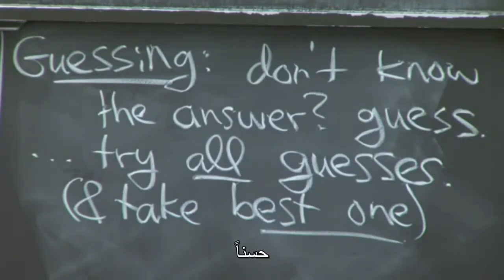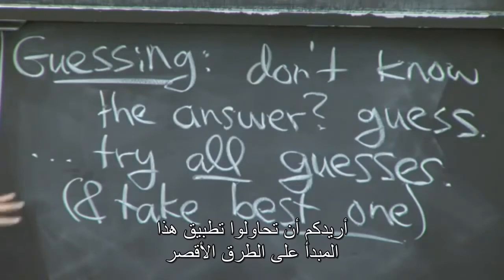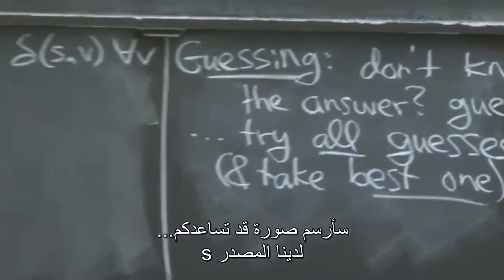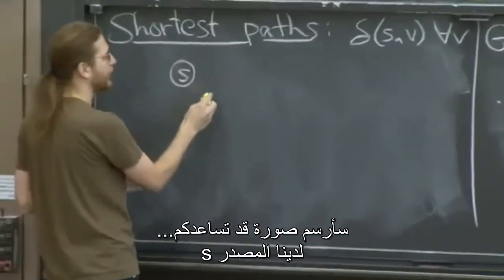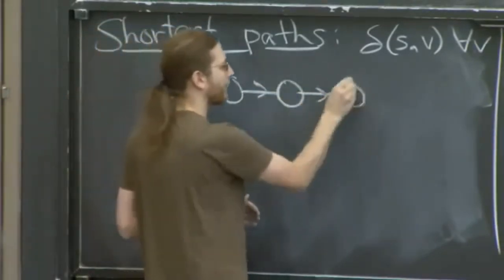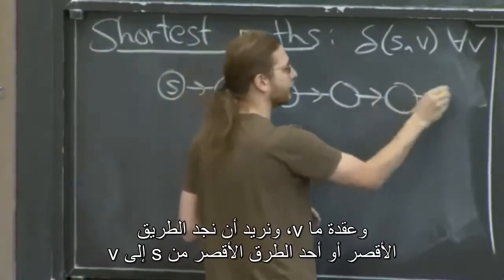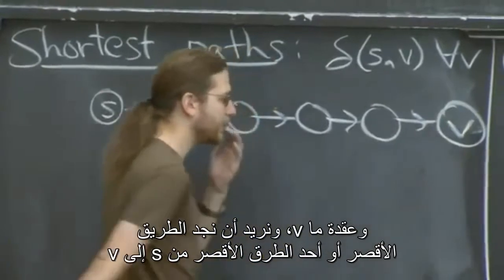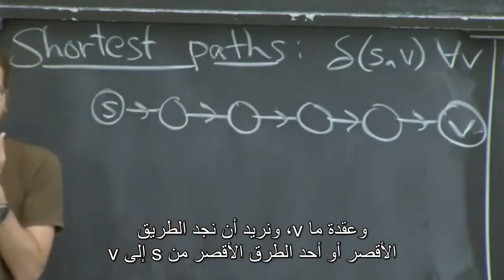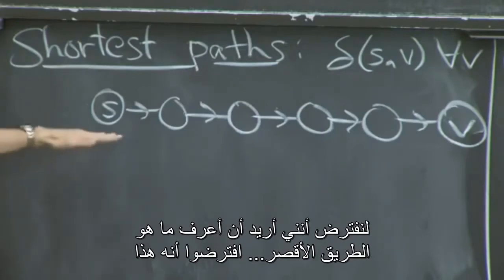OK, so now I want you to try to apply this principle to shortest paths. Now, I'm going to draw a picture which may help. Have the source S. We have some vertex V. We'd like to find the shortest path from S to V. Okay, suppose I want to know what this shortest path is.